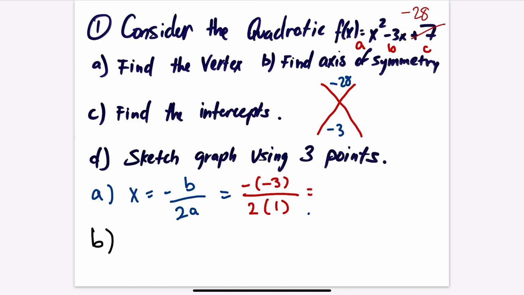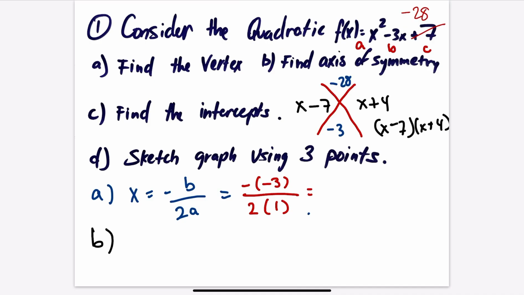Those two numbers are negative 7 and positive 4. So these will be your factors right there: x minus 7 and x plus 4. Those two multiply to negative 28 but add up to negative 3.